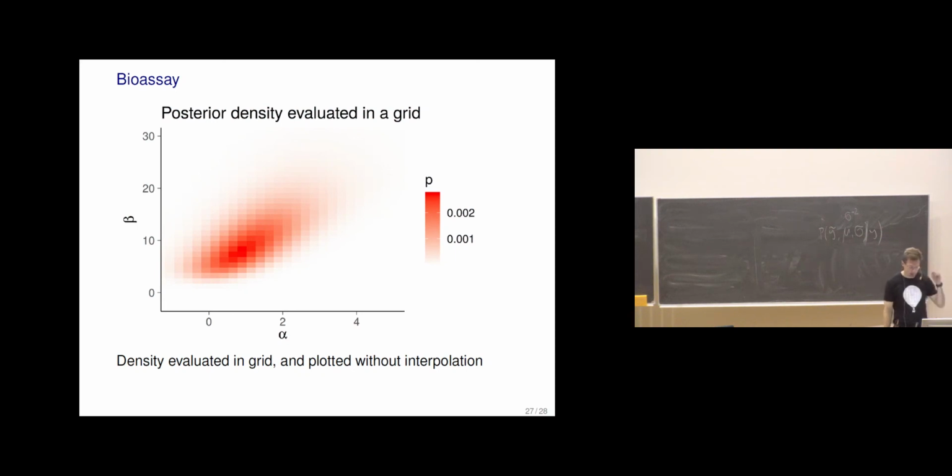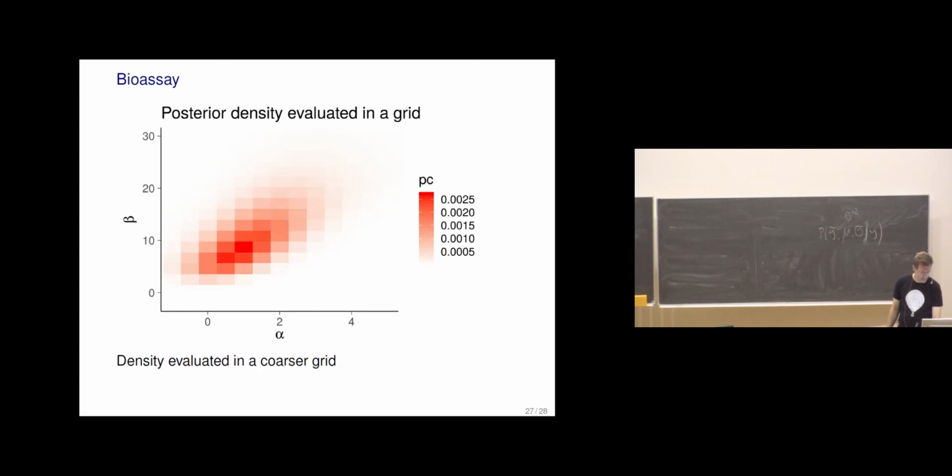So this is one way, in this specific example. When you do your exercise, you are also using this grid evaluation, and it works in this low dimensional case. Here the density is evaluated in an even coarser grid, just to make it even clearer how it would look if we evaluate only in the middle of some square.